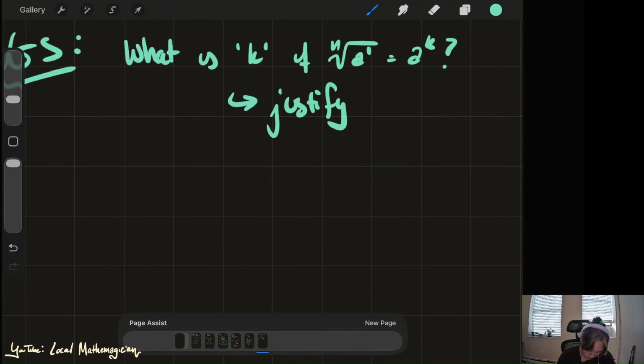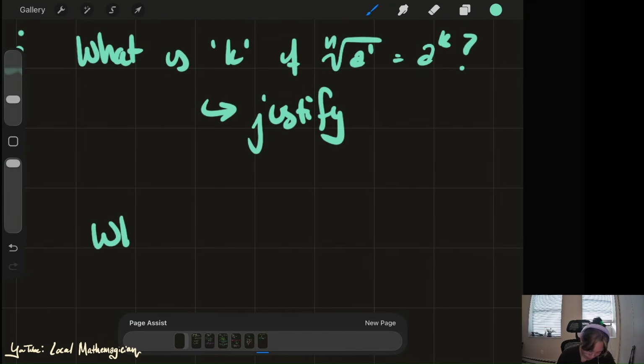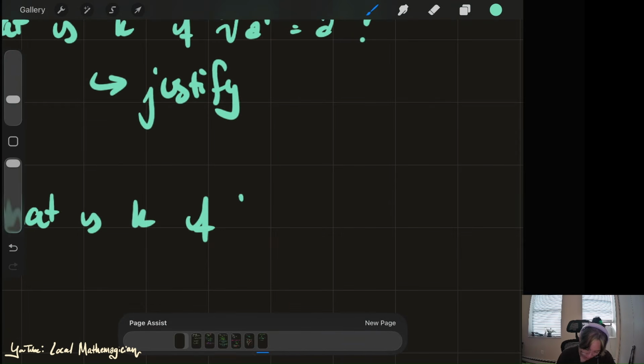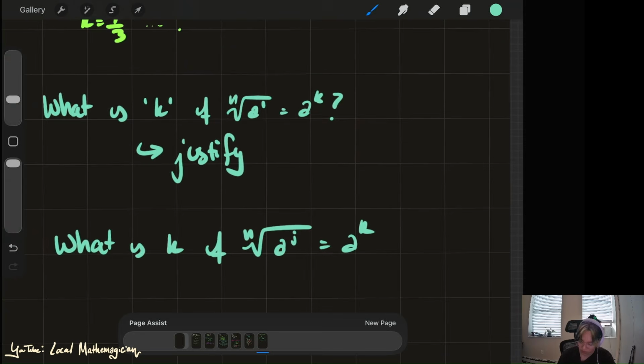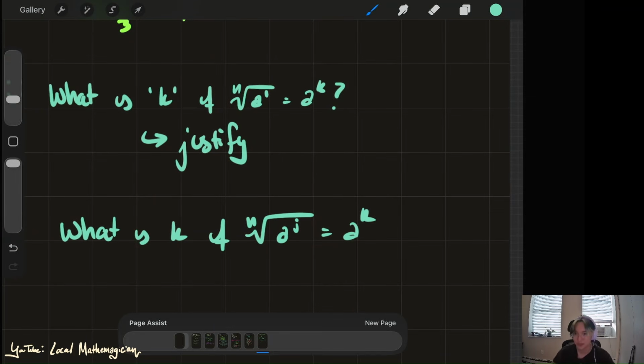Similarly, what is k if the nth root of a to the j is equal to a to the k? All right? Go crazy. That's the problem, okay?